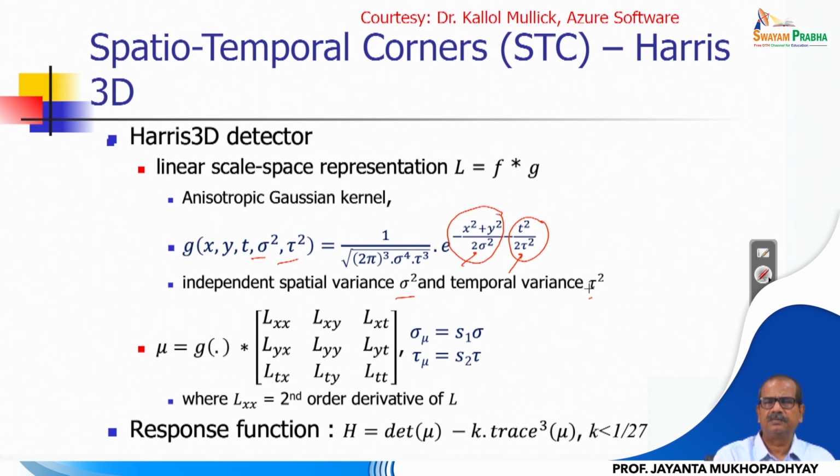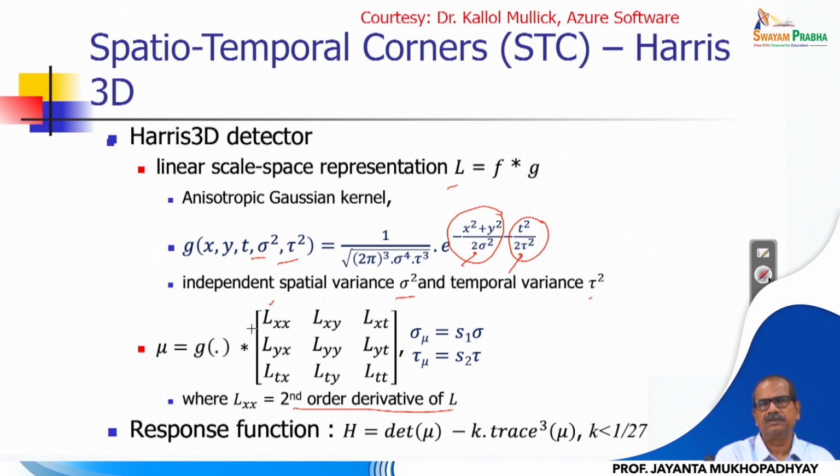Similar to what we do for Harris corner detection, where we considered the first derivatives, the square of the first derivative, Ix square, Ix into Iy, that is the kind of matrix we computed there. But here we compute the second order derivatives of L, which is the smoothed image, and then further smooth these derivatives.